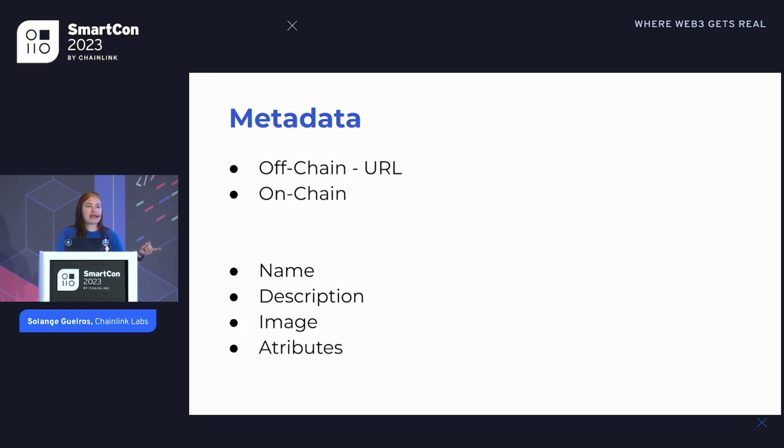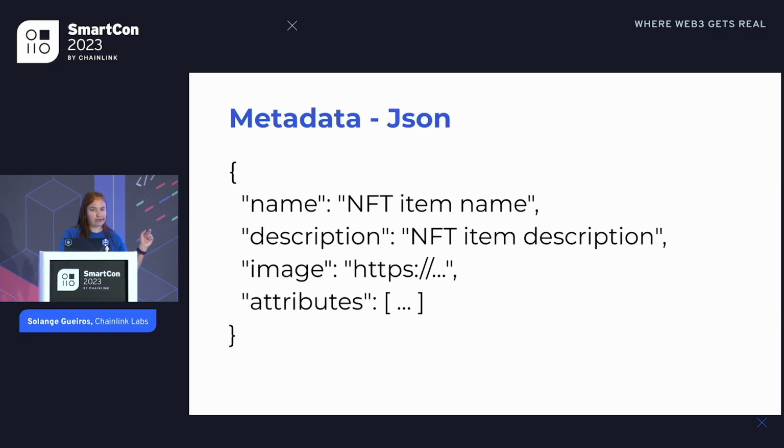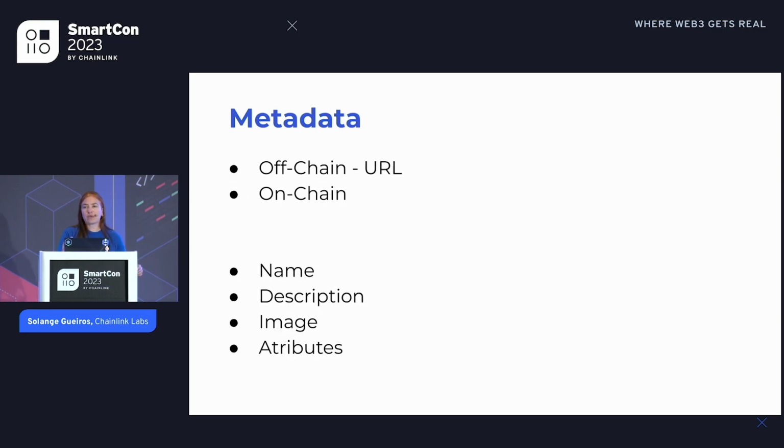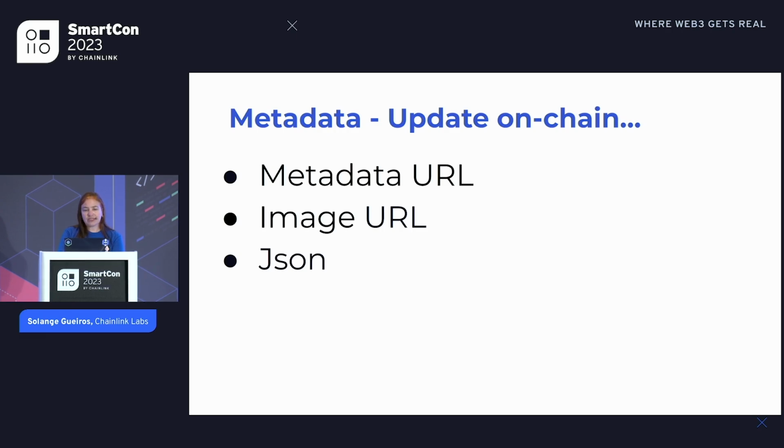And on-chain, I can really write inside my smart contracts a new JSON file, with different attributes. And this is the main goal. When I am updating the metadata, I can update the link, or only the image, or everything.